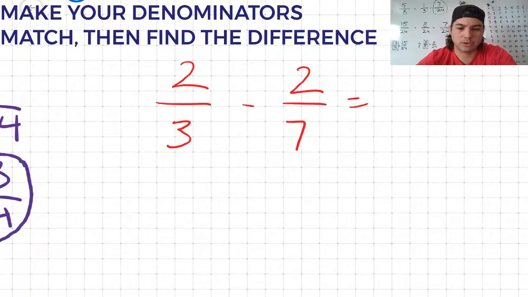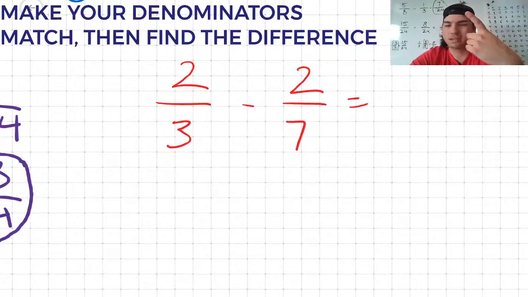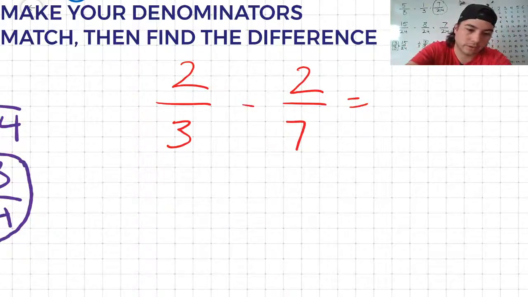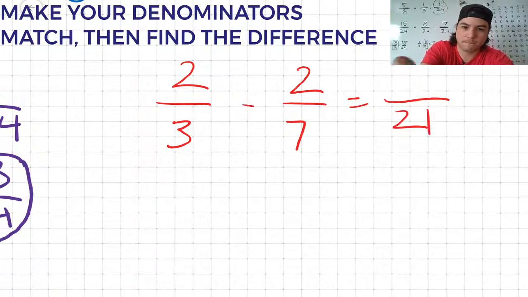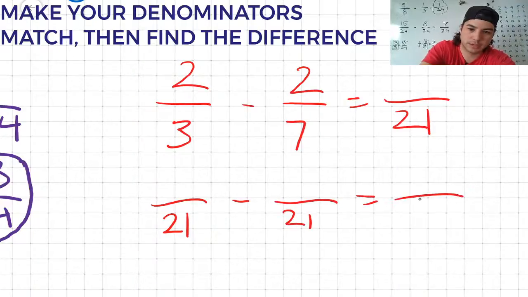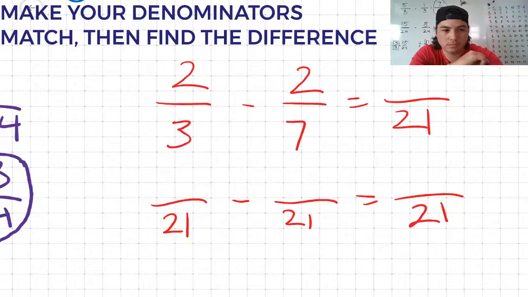Okay, let's try it. 2/3 minus 2/7. Okay, so if we look at our chart, 7, well, that doesn't work. 7 divided by 3 has a remainder. 7 plus 7 is 14. No, because 3 times 4 is 12, and 3 times 5 is 15. That doesn't work. 21, well, I know that's 3 times 7, so I know that's going to work. So we're going to use 21sts here. So we're going to have some form of 21sts minus another form of 21sts to get us our difference in 21sts.